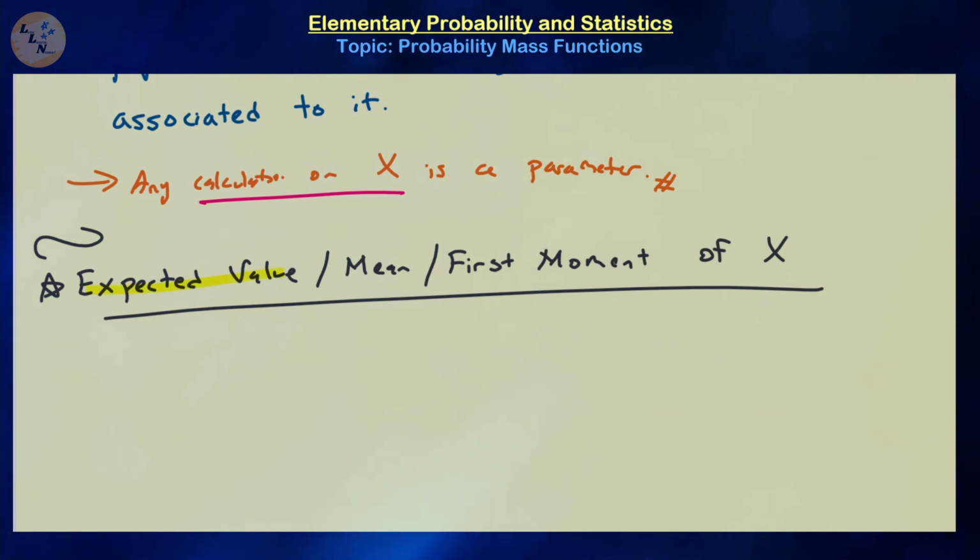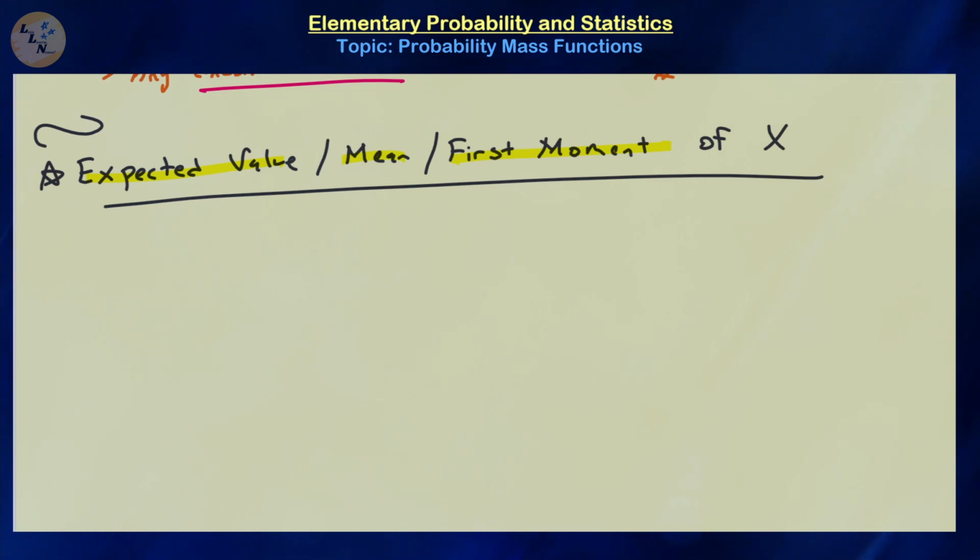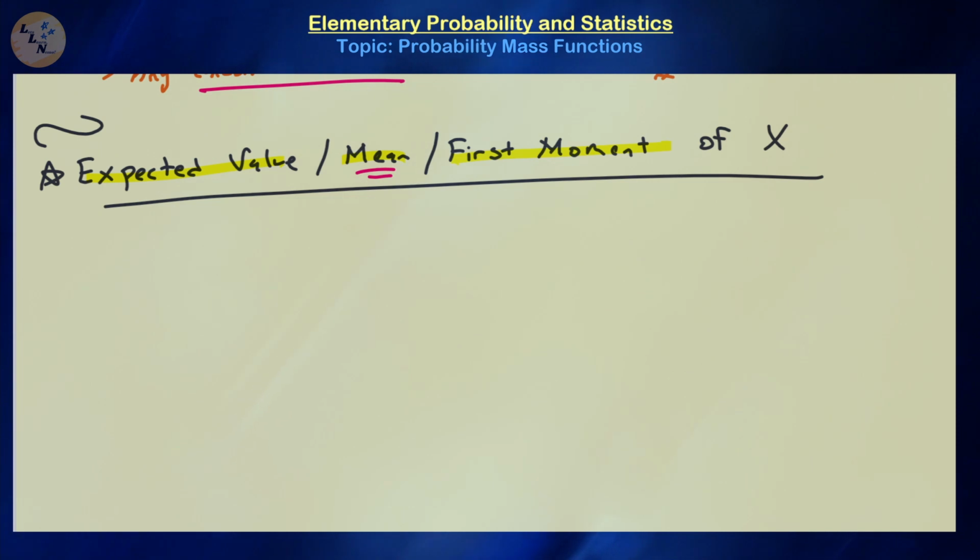So expected value, mean, first moment, all synonymous, at least as far as this conversation is concerned. But each of these terms represents a different perspective of the same exact number or calculation that we're going to be calculating. So how do you calculate the expected value or the mean of a random variable? And also, why do we call it the mean, right? So, arithmetic mean, geometric mean, which mean would it be if it were to be one of them?